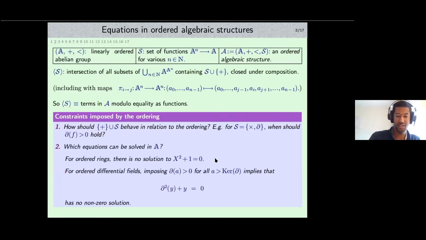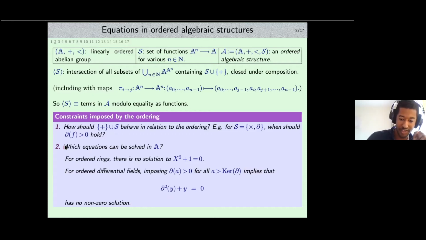In our case, if you're looking at an ordered differential field, if we impose this relation here, so when an element is greater than the constant field, we want the derivative to be positive, then this simple differential equation cannot have a non-zero solution. If we don't impose anything, we could give solutions to those equations, but this is a way to impose that we don't have things that behave like cosine and sine, for instance.